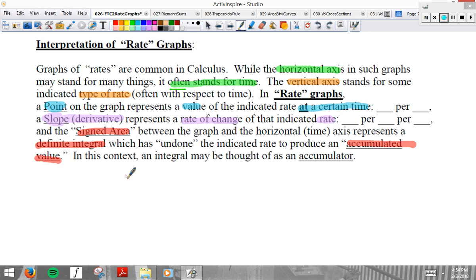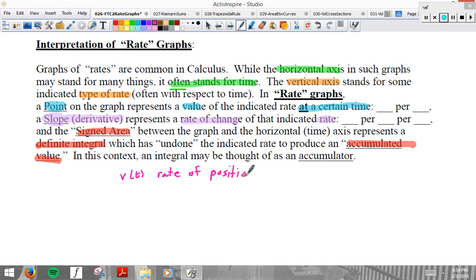For instance, a normal type of rate, velocity, would be a rate of distance, or probably more specifically, let's say position.